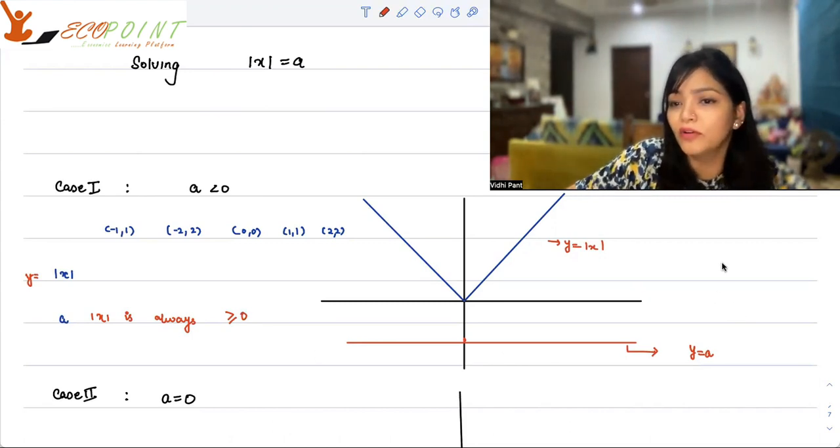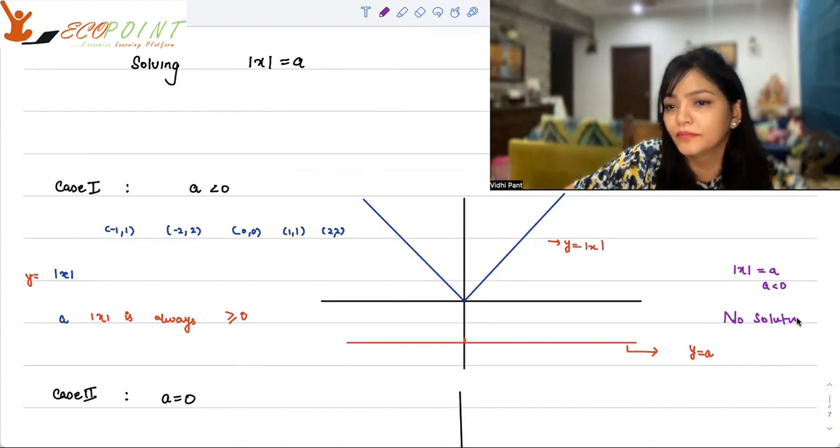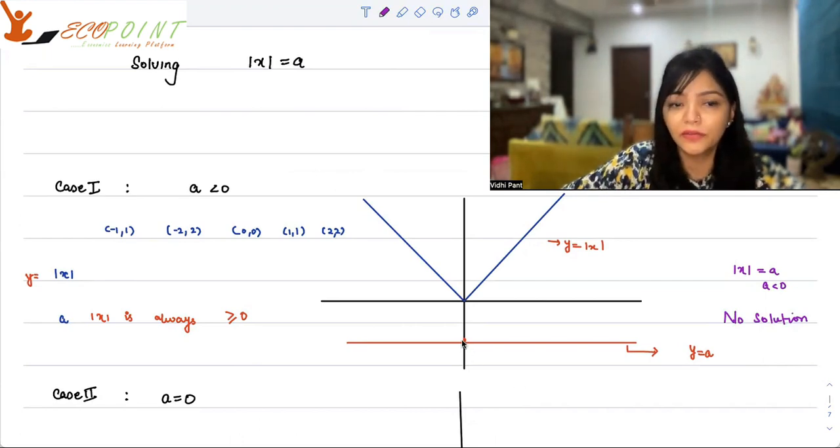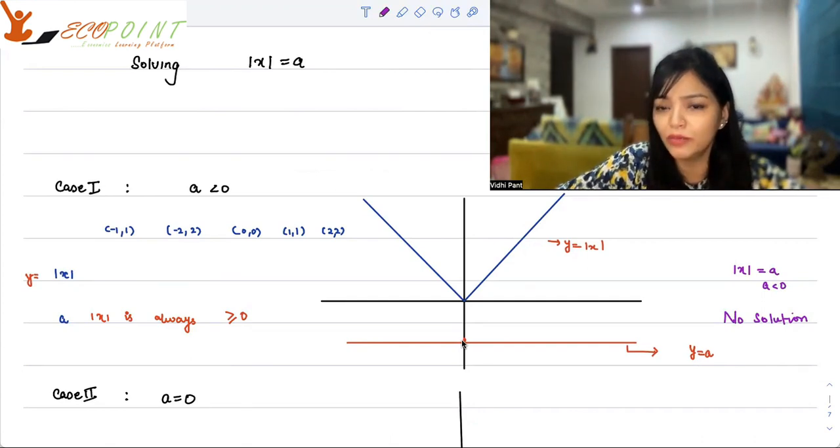So therefore, the situation that we are dealing with, mod x equal to a when a is less than 0, has no solutions to it. Not even a single solution possible, because if you take them as two separate functions and then equate them, you will realize y equals to a is not intersecting anywhere with y equals to mod x. That's not happening at all.